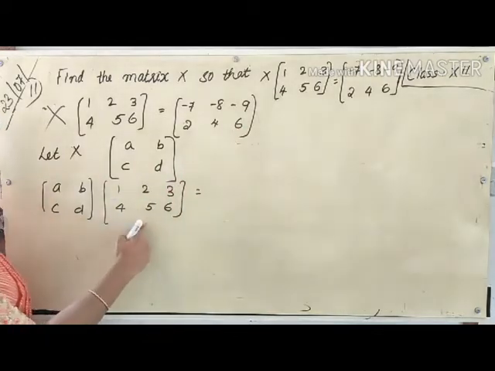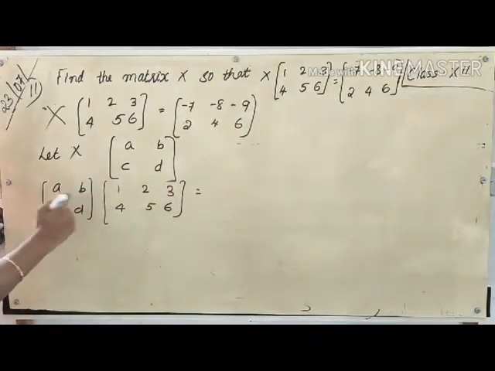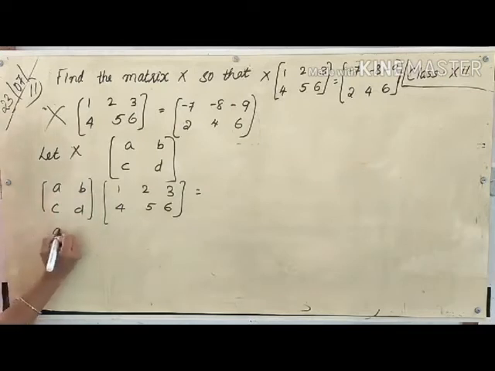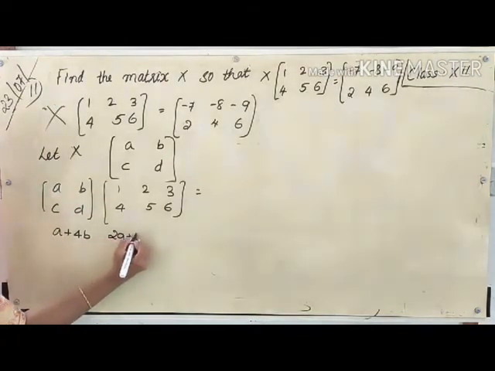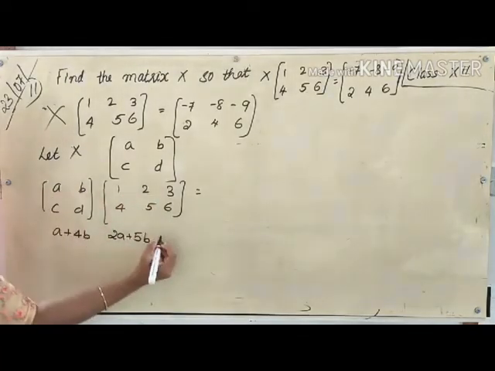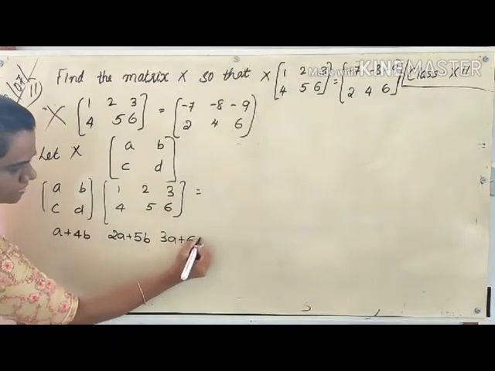So we can multiply. Matrix multiplication, row into column: first element A plus 4B. Second element, what will be the second element? 2A plus 5B. Next element 3A plus 6B.